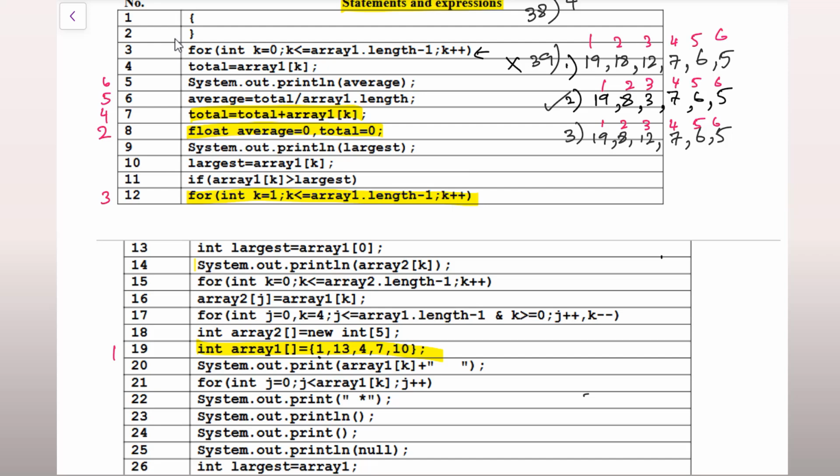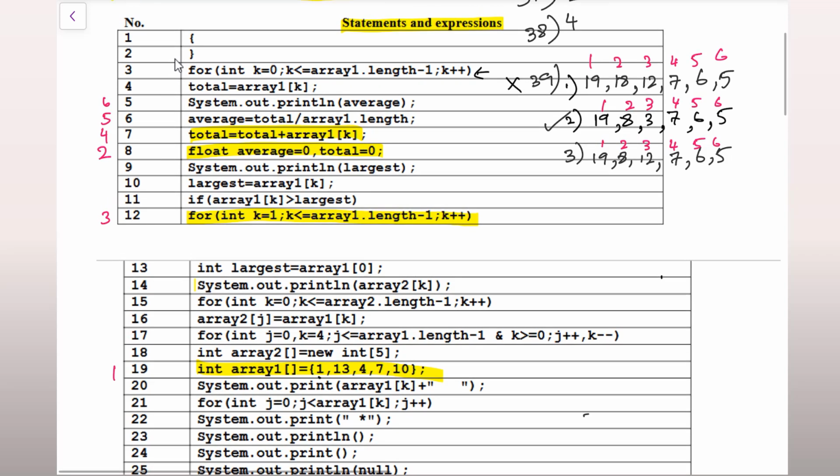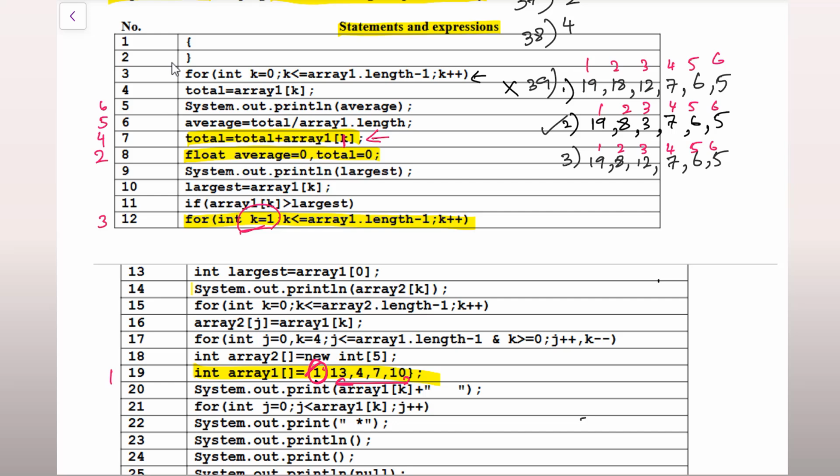Because this is index k equal 1, right? And when you execute this, it will be like total equal total plus array 1 and 1. So you are basically skipping this one and taking the total of these guys, right? So because of that, this is wrong.